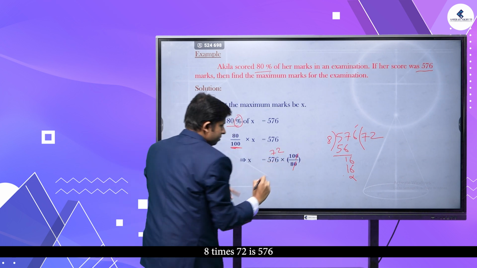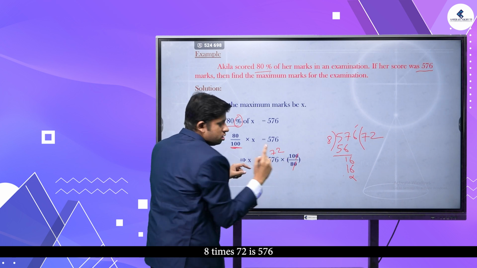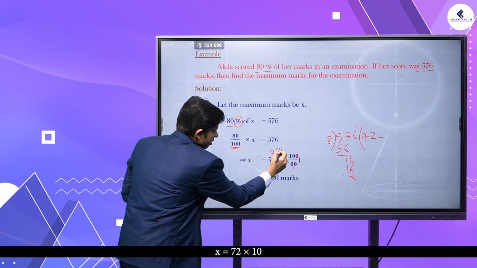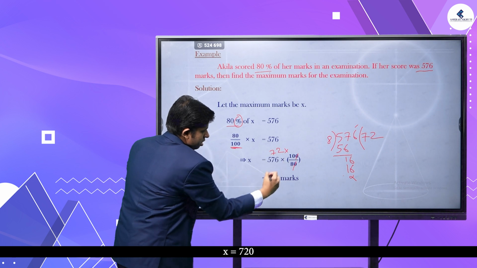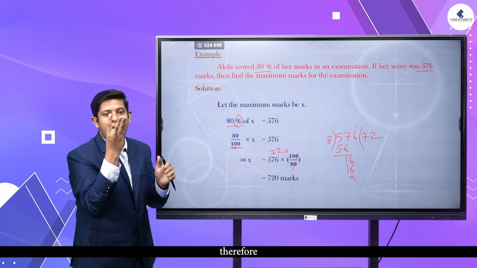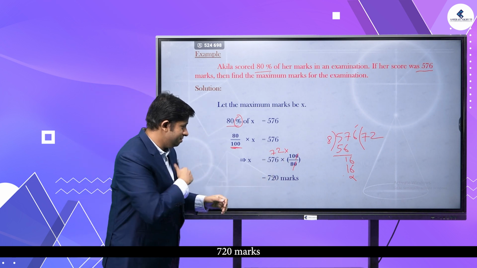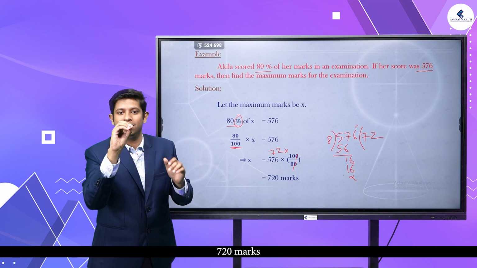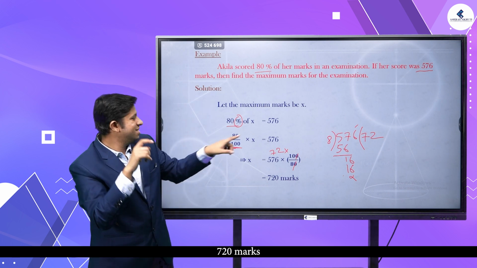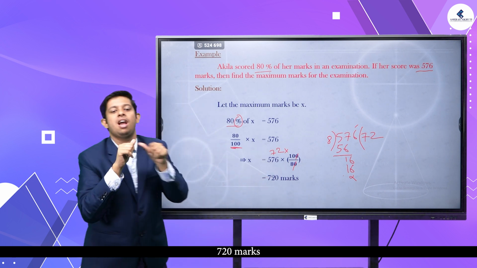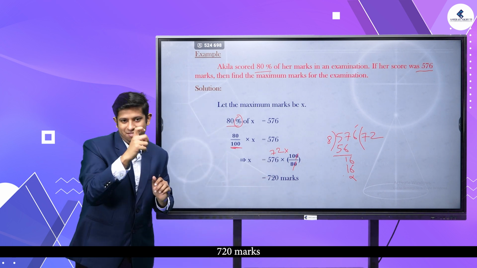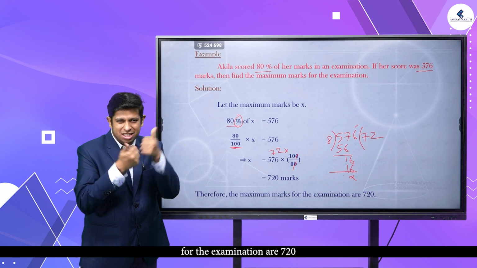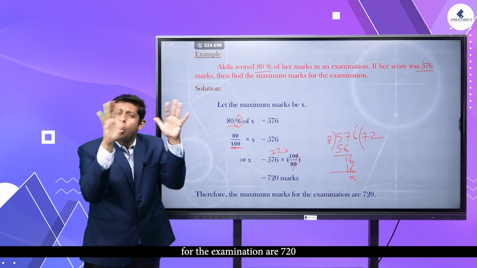Eight times 72 is 576. x equals 72 into 10. x equals 720. Therefore, the maximum marks for the examination are 720.